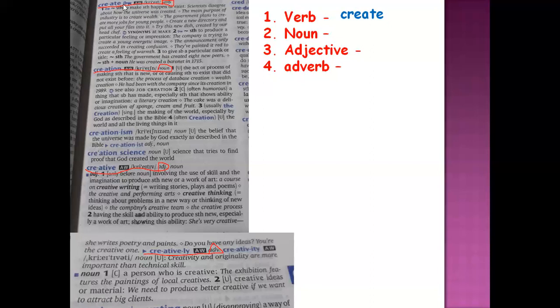Normally, in front of each and every word, they give the word class of that word. And after that, they give the meaning of that word, and also some example sentences. So if you want to know the meaning of a word, you can refer to a dictionary and read the definition and also the example sentences. So it will help you to understand the meaning of this word.